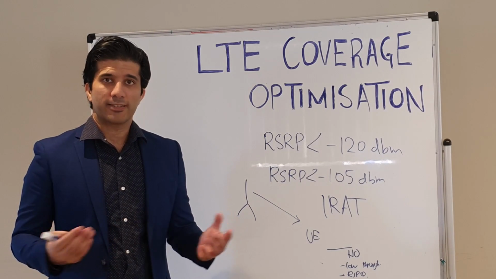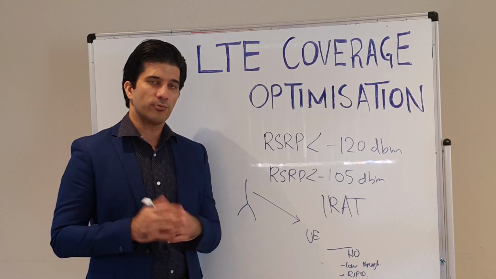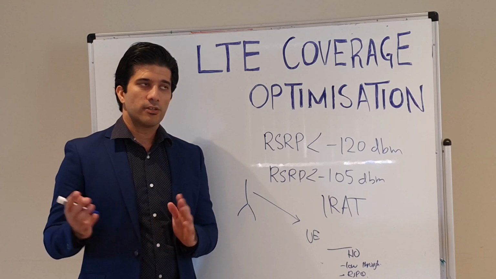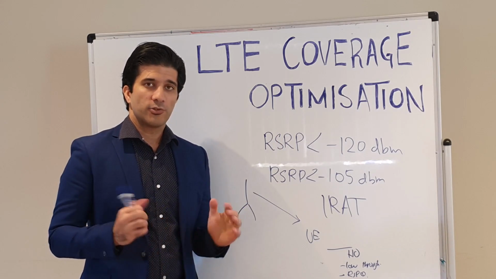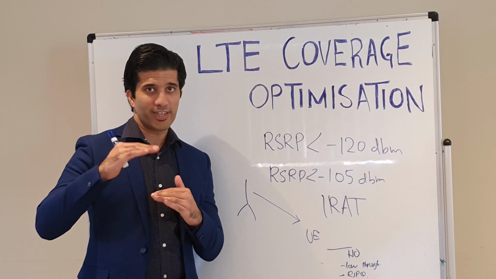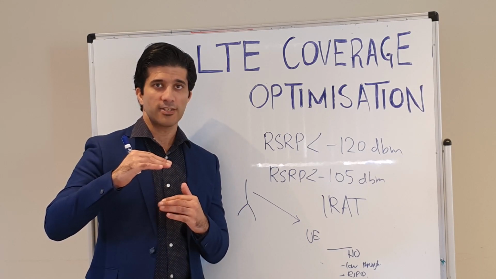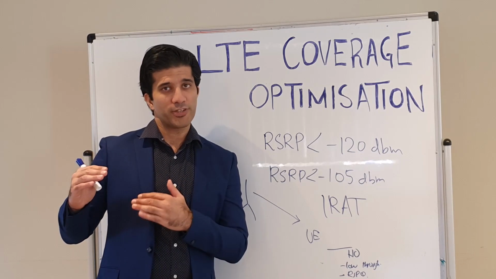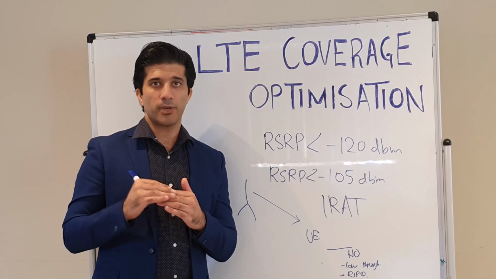What about uplink? In LTE we have a factor called power headroom, and the power headroom report is sent by the UE towards the E node B. In that report, the UE reports how much room it has from its maximum transmission power. So basically the E node B knows whether the UE is transmitting on maximum power or something below that.